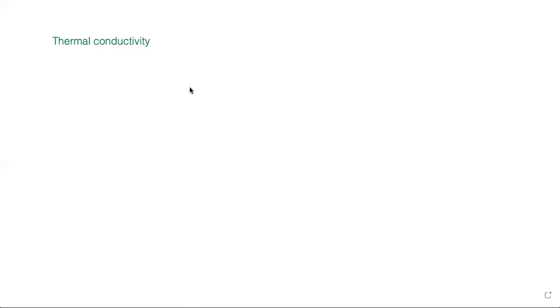In the conduction process, we learned that we have one material, for example some kind of a rod, and we put this rod on fire. Consider that this is the fire.